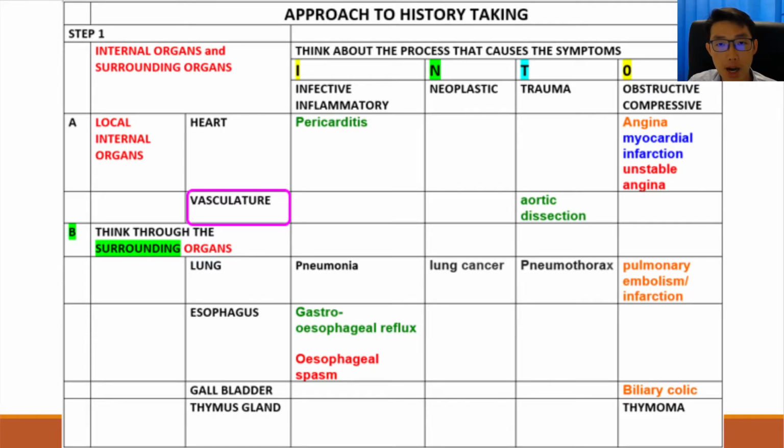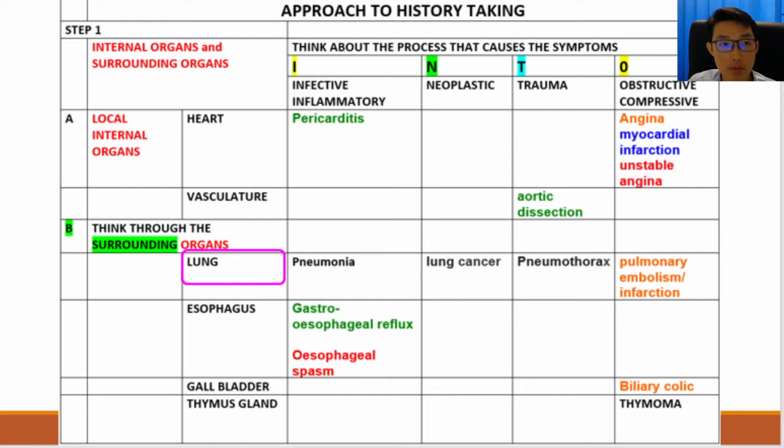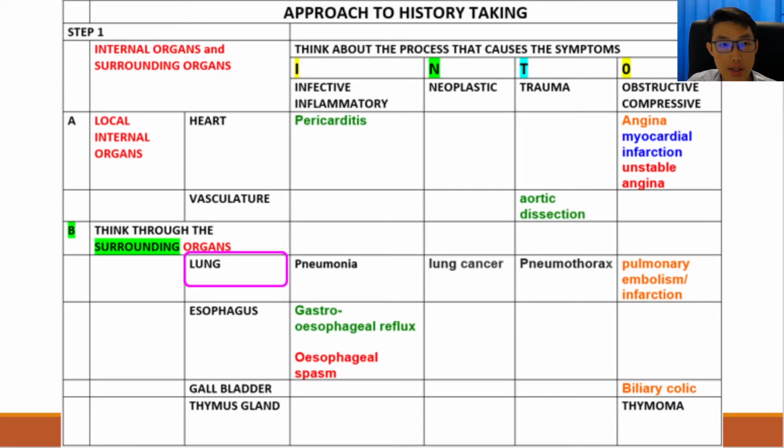The next step that we have to think about is the organs around the heart itself. So essentially the surrounding organs. As shown prior, we have got the lung, and different processes can affect the lung.